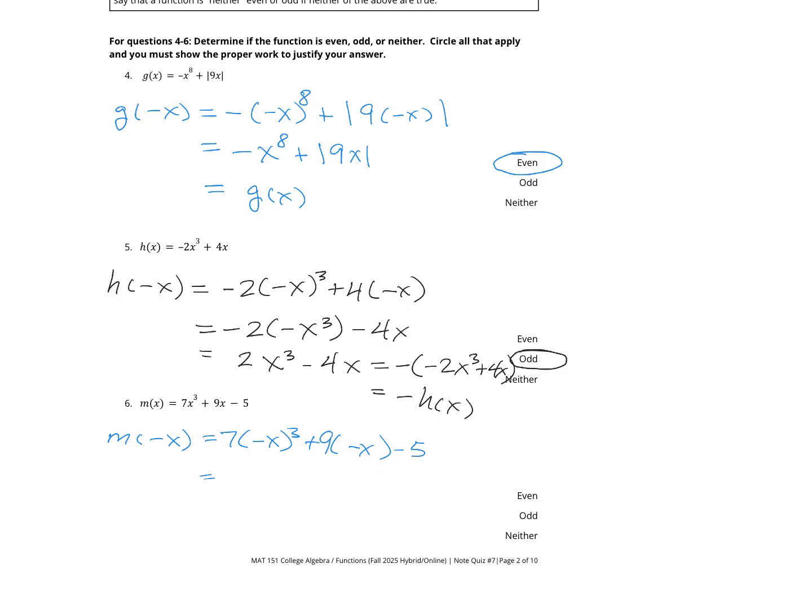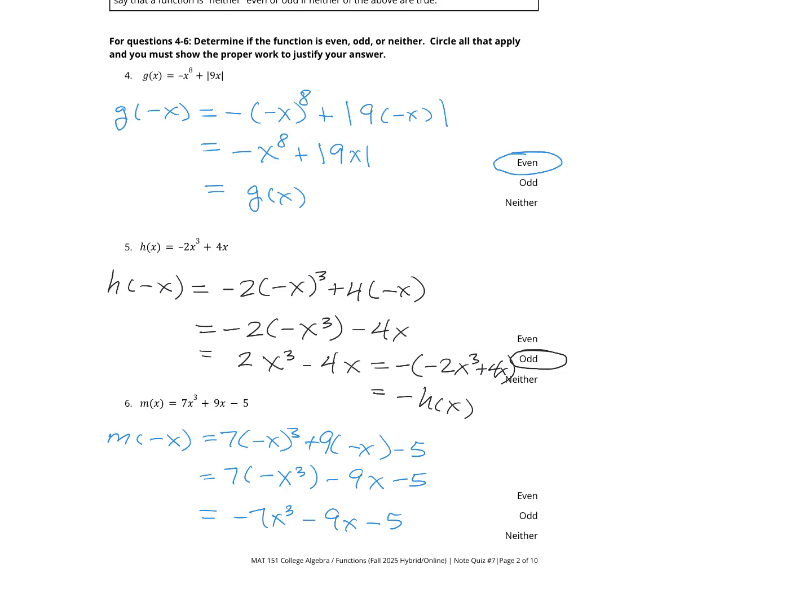And you will notice that if you take a negative x to the third power, that's 7 times negative x cubed minus 9x minus 5, which is negative 7x cubed minus 9x minus 5. You will notice that this is not the original function because the signs are off.